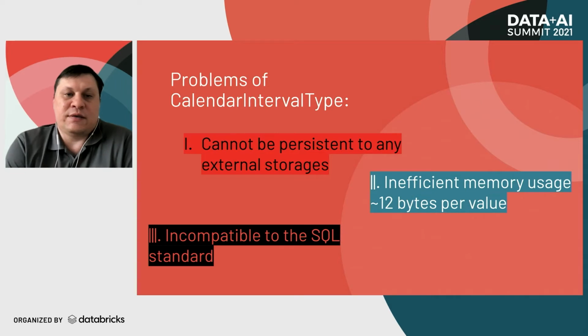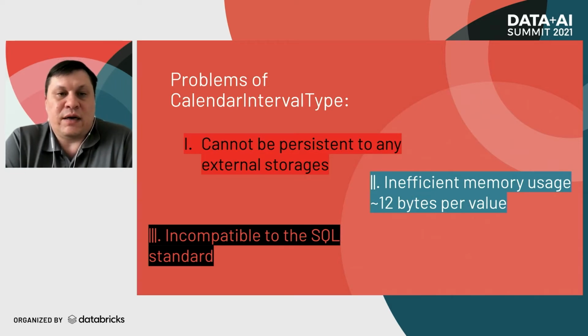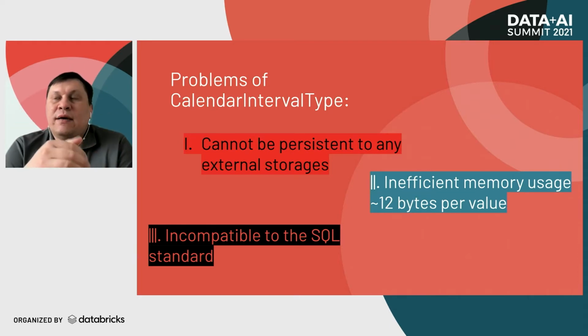Another problem is that currently calendar interval types cannot be persisted to external storage. You cannot, for example, store them to Parquet or ORC, or even text formats like JSON or CSV. Also, currently, calendar intervals have 3 fields: 2 fields of int type, an amount of years and months, a separate field for the amount of days, and 1 more field for microseconds.